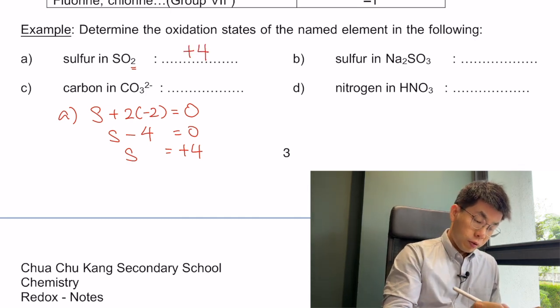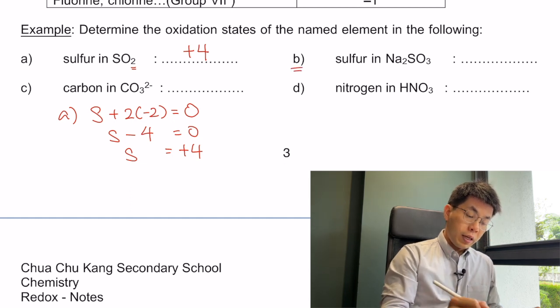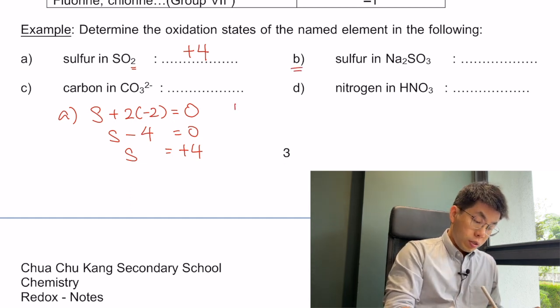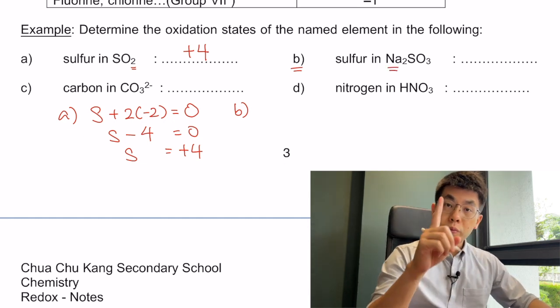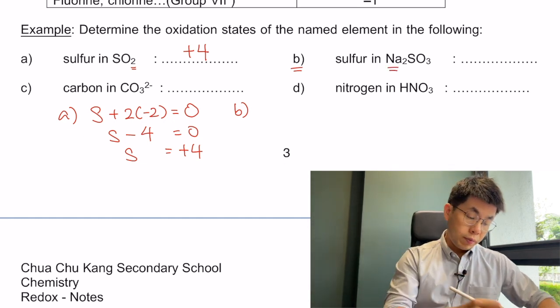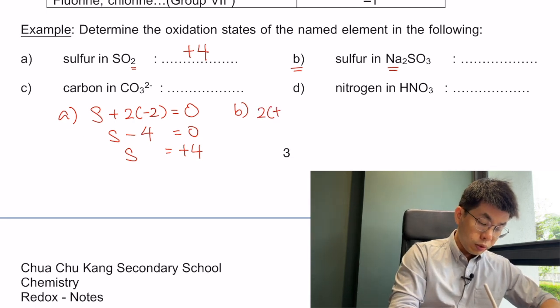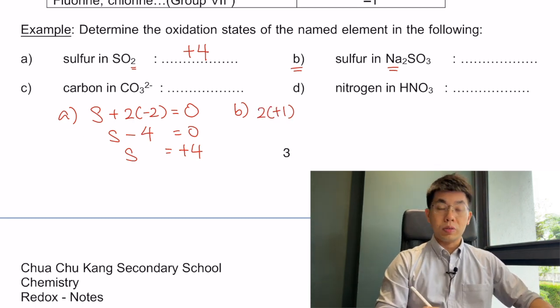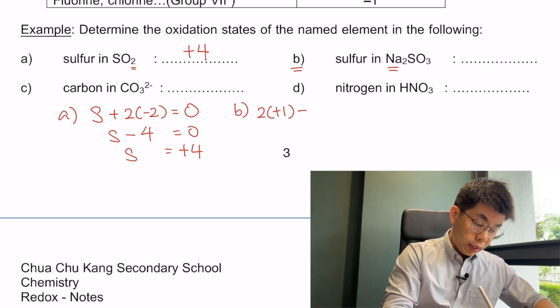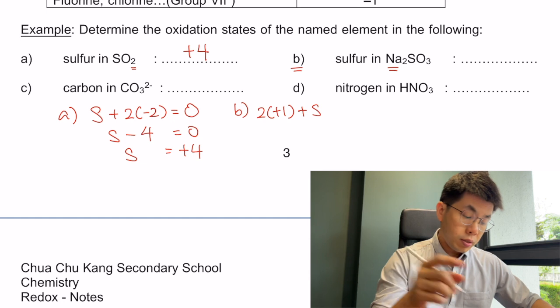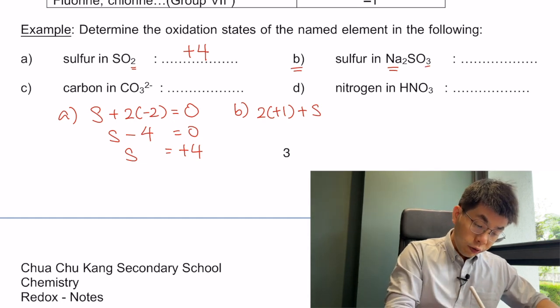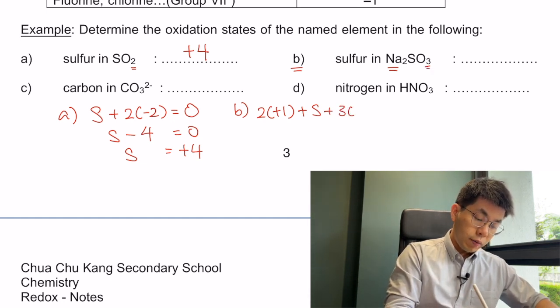Right, let's try the next one, sulfur in Na2SO3. Again, let the sulfur be S. Na is from group 1, so there are two of them, so 2 times +1, because all group 1 is +1. Sulfur is the unknown, so it's S. Oxygen is -2, and there are 3 of them, so 3 times -2.